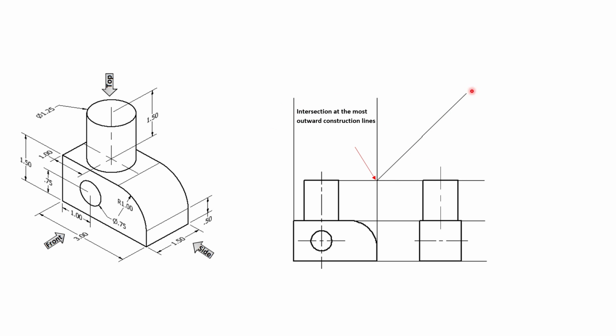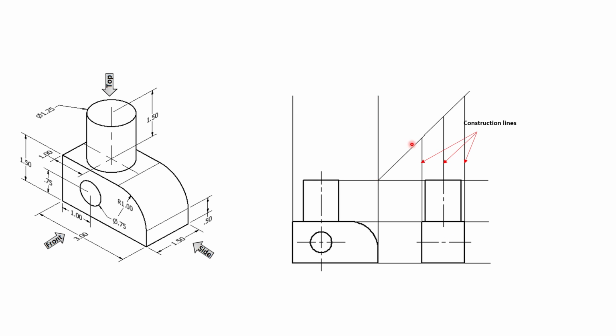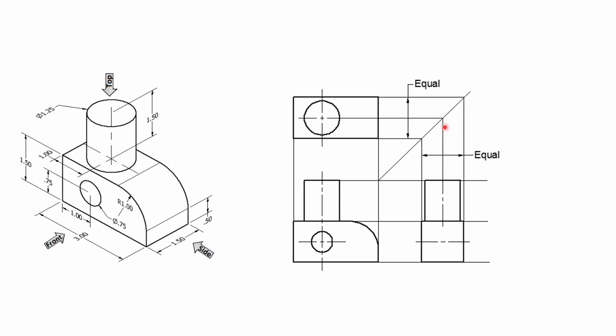Because it is a 45-degree line, the distance on the x-axis, this distance, basically is equal to this distance. So for example, the width and the center line, I'm going to use that 45-degree construction line and project it, and use these points and project to the left.